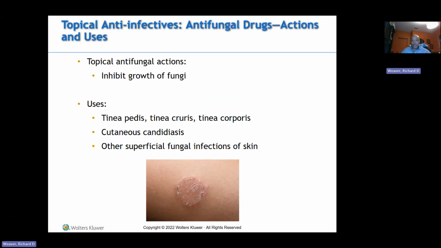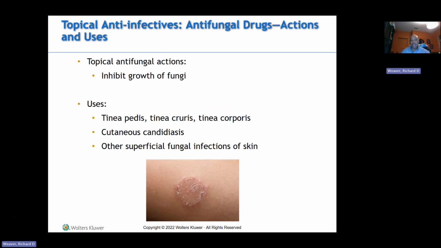Now, your surface fungal infections include disorders like athlete's foot, which is referred to as tinea pedis. Your jock itch, as we learned in class, is tinea cruris. Your ringworm is tinea corporis because it affects the skin of the body itself, and also your nail fungus, which is onychomycosis.